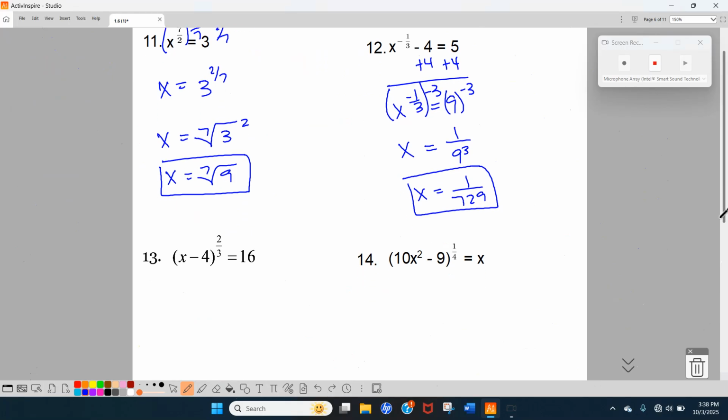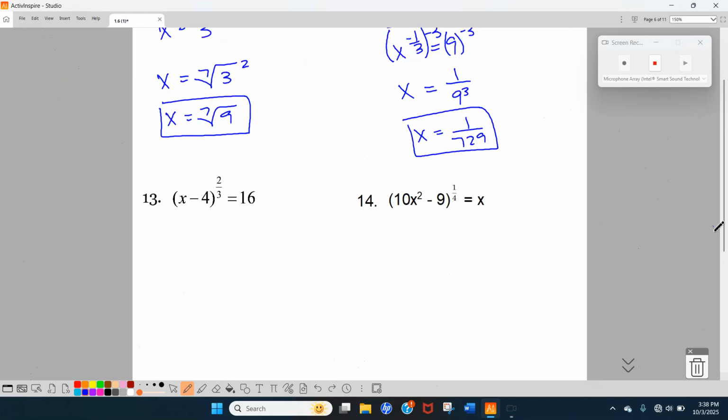All right, so number 13. I took for granted up here that you remember this. Remember negative exponents, we have to send them to the bottom. That was a rule we learned in the very first lesson in this class. All right, so we're going to raise to the reciprocal, so the 3/2. So x minus 4 is going to be equal to the square root of 16 to the 3rd.